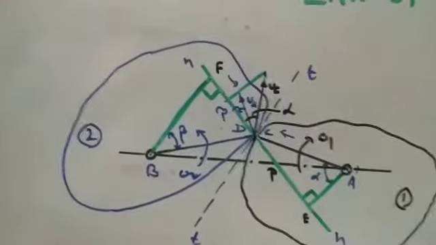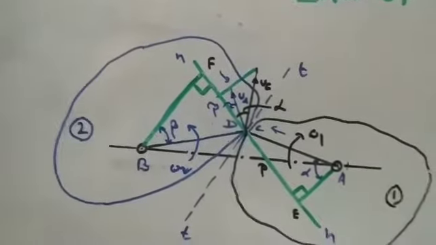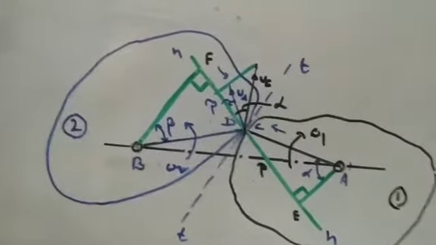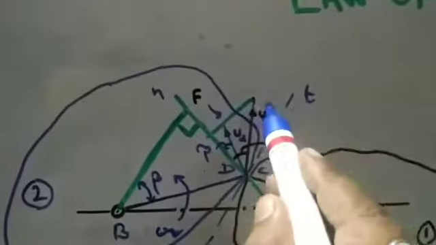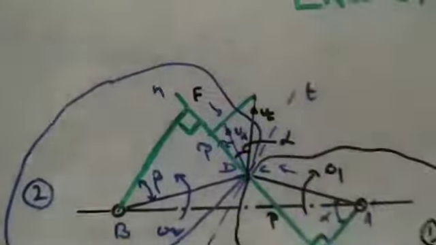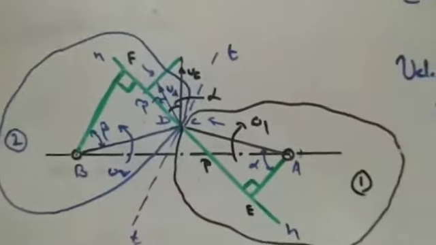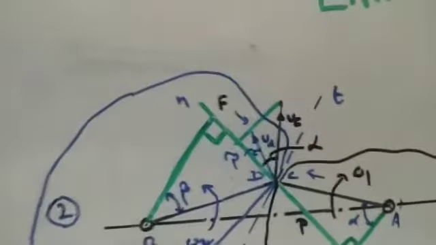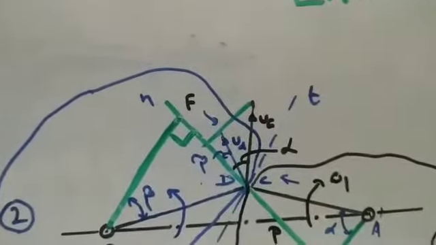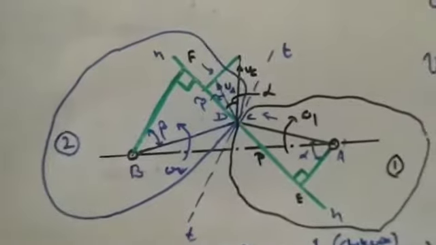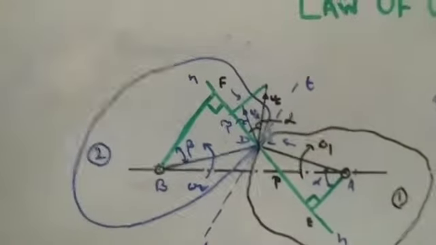Now we consider the sine components of the velocities, Vc along the tangent and Vd along the tangent. There has to be a relative velocity between these. It should not be 0, because for the transfer of motion and power from one gear to another, the gears must slide.